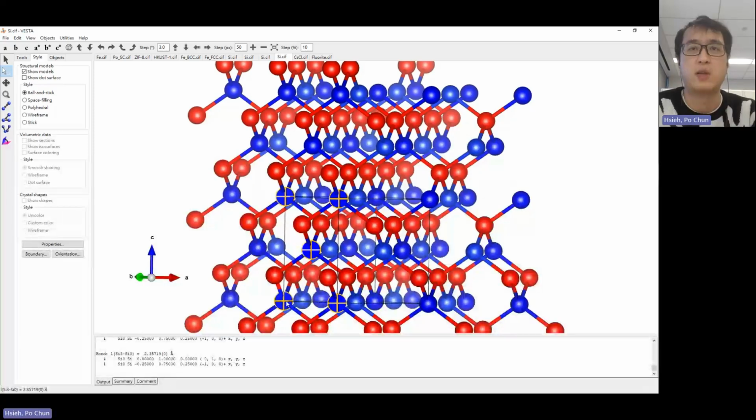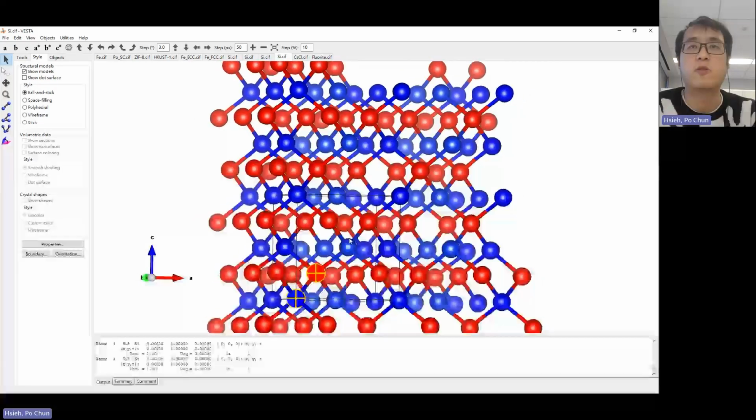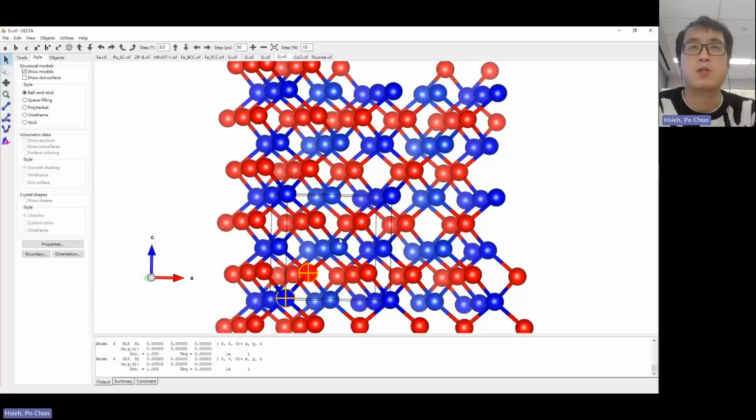Here is one red silicon in that direction, pairing to it. So we can say that these two types of silicon atoms are arranged in the order of face centered cubic to form the crystal structure of silicon.